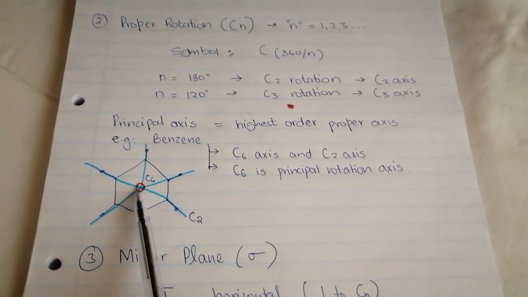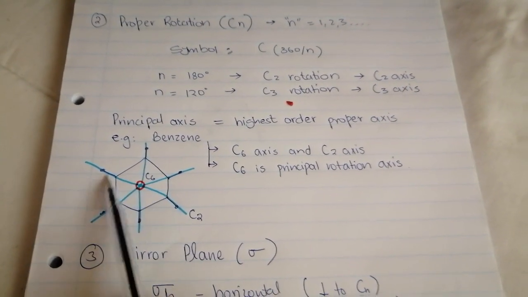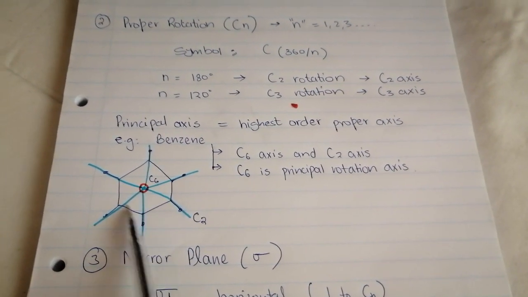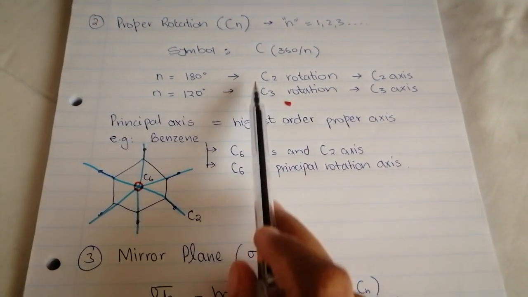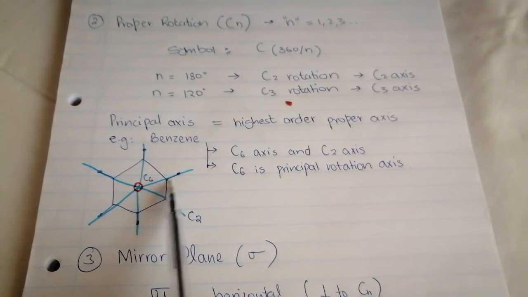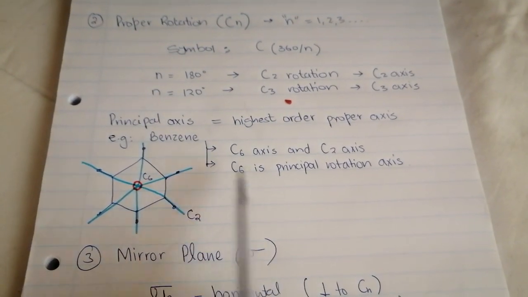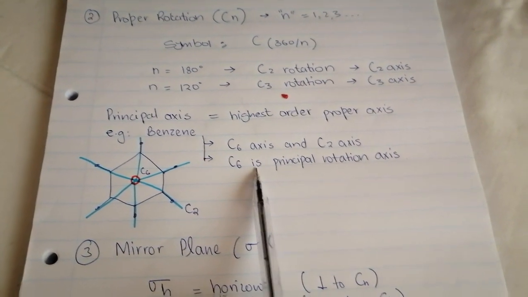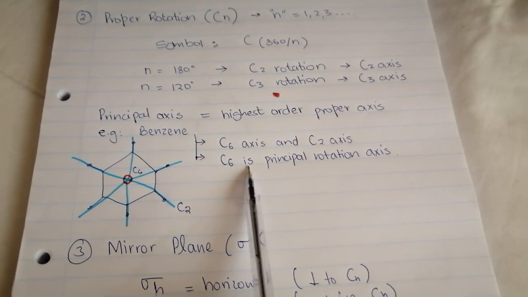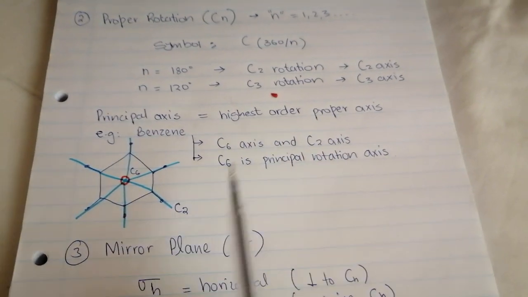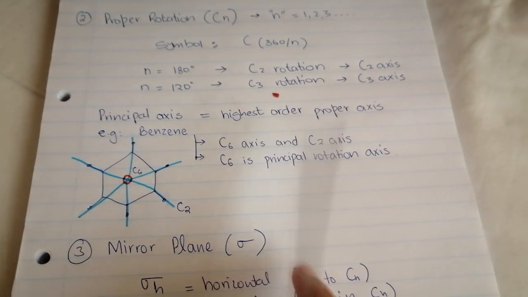C6 means that the molecule can be rotated 360 degrees all around, right? And C2 means 180 degrees, and C6 is the highest order. So you're going to consider the principal rotation axis to be C6, which is the highest order.